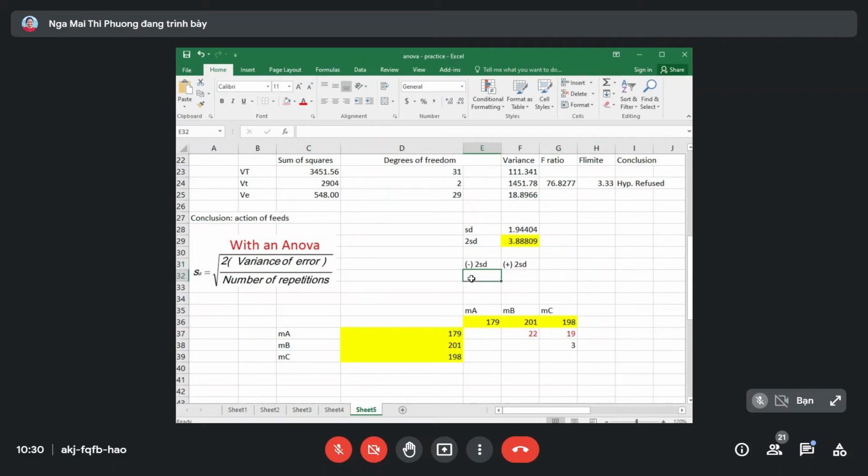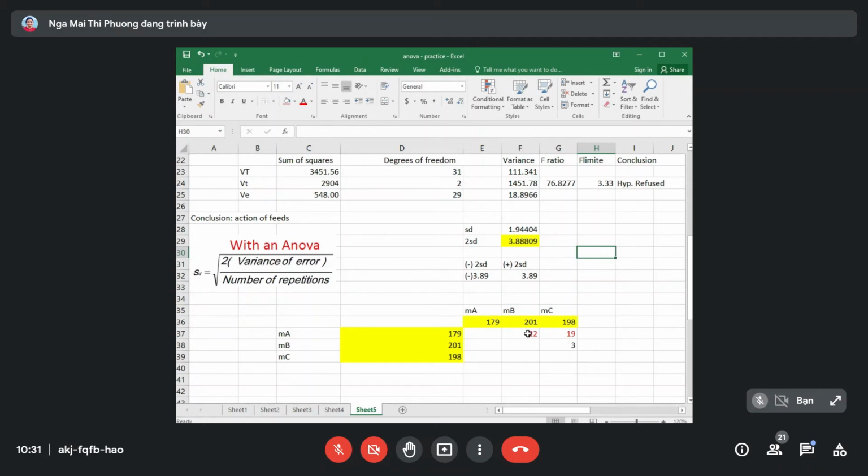In this case we have the range from minus 3.89 to 3.89. We compare the mean difference, 22 is bigger, 22 is out of the range.